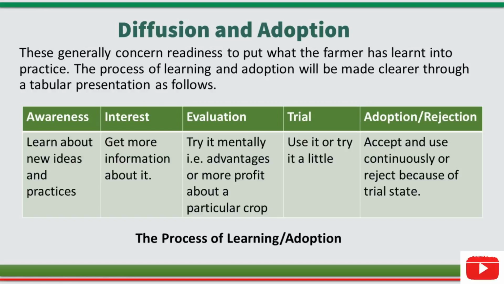Now, under the interest stage, that is where you get more information about such ideas that are being driven or sold to the people. Then the evaluation stage is where you try it mentally. The advantages or more profit about a particular crop is showcased at this level.